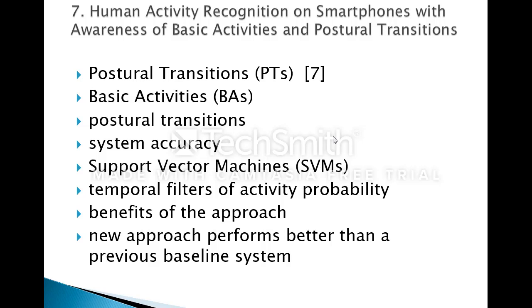Most of the HAR approaches ignore transitions between activities because their incidence is quite low and their duration with respect to other activities is shorter. The benefits of the proposed approach are presented through experiments over a HAR dataset, which has been revised with PTs and made publicly available.